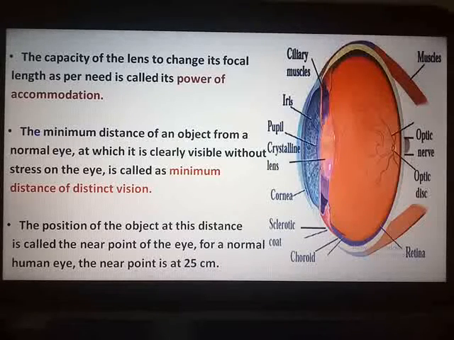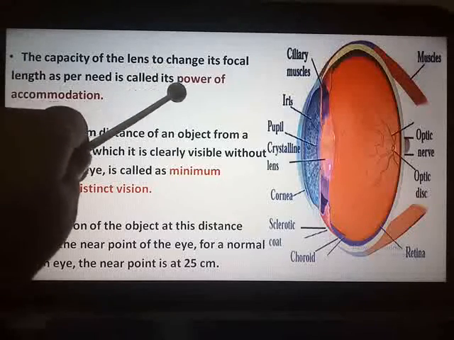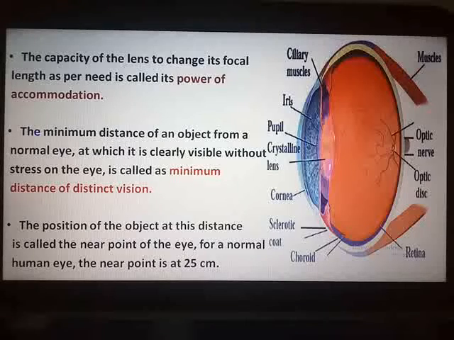The capacity of your eyes to see objects very clearly depends on this power of accommodation. Because of the defective refraction by the lenses, the lens being a crystalline, transparent thing, their vision becomes faint and fuzzy.